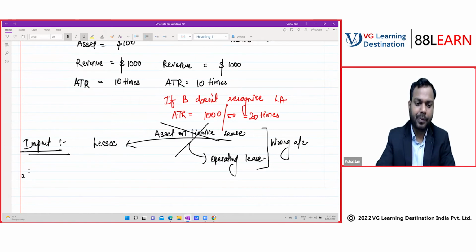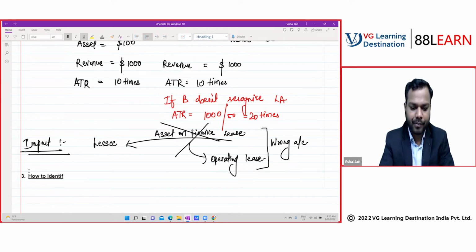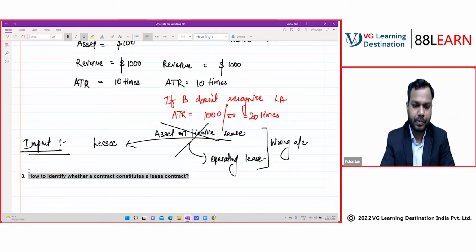Topic number 3 is how to identify whether a contract constitutes a lease contract. This is question number 3.